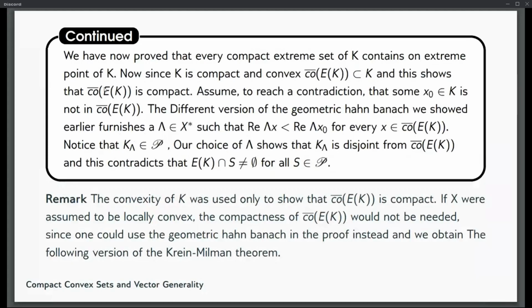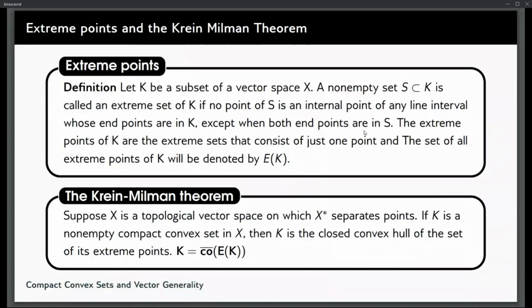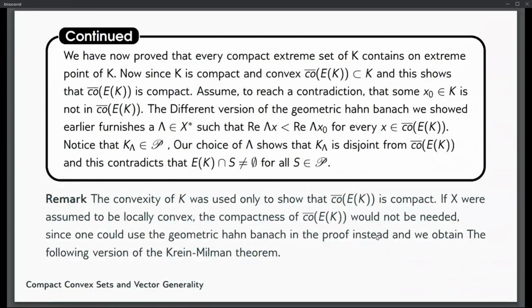And this shows us that the closure of the convex hull is compact because it is closed. Of course it's closed, it's the closure. So the closure is going to be compact.